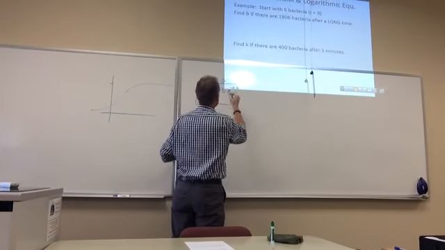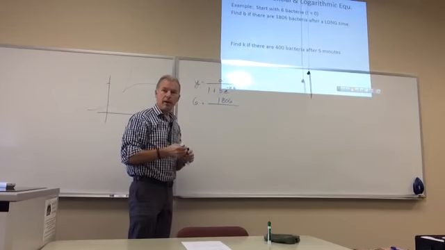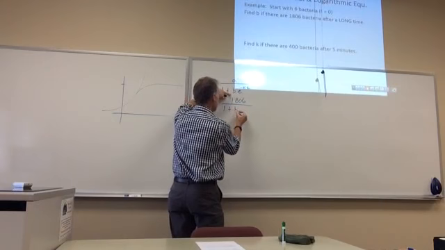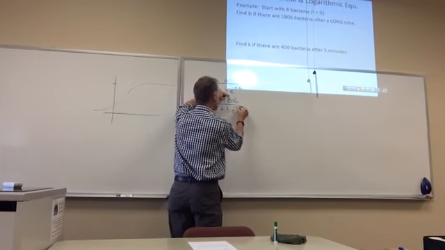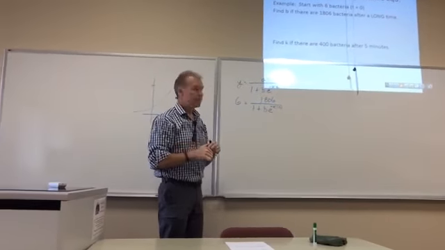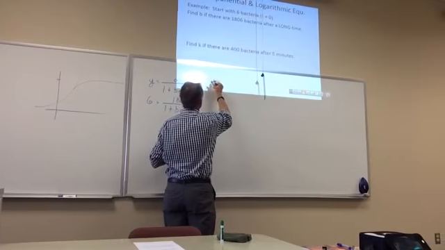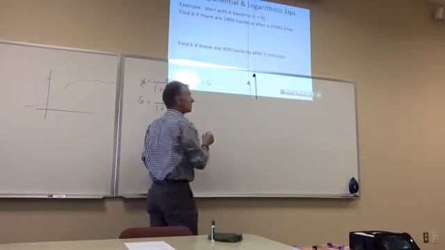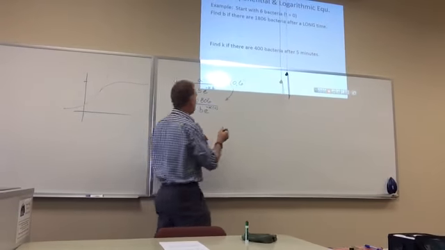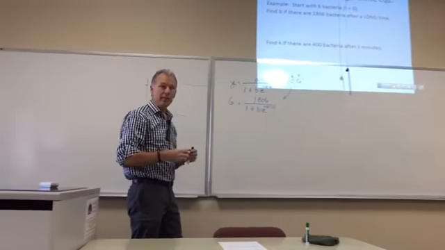Our max we know is going to be this 1806, so you can just plug that right up front, okay? 1 plus, and B we don't know, e to the negative k, we don't know that either, but we know t is 0, okay? So you could think about that as being 0, comma 6 is what we're plugging in to this equation here, okay? And this is the y and this is the t. It's kind of like an ordered pair x and y, but now it's t and y.